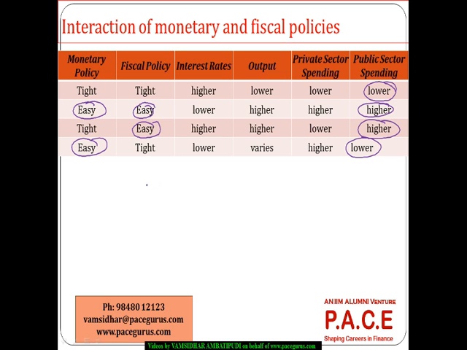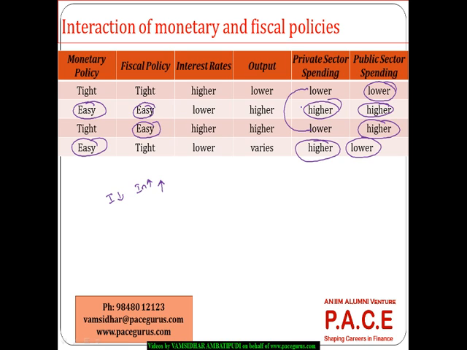If it is an expansionary monetary policy, we have seen that the investments are going to go up, because the interest rates are going to go down. The private investments are going to be higher, which is resulting in higher private spending, and in case of a contractionary monetary policy, the private spending is much lesser.